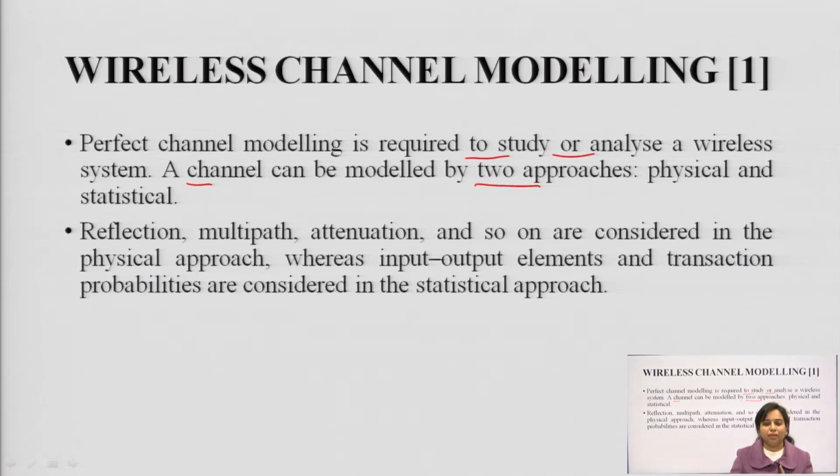It may be possible that there will be a hill between the transmitter and receiver, or a building. These are the physical objects. When the signal impinges on these objects, it will undergo reflection, refraction, scattering, and diffraction. Those are the parameters you have to consider for the physical modeling of a channel.